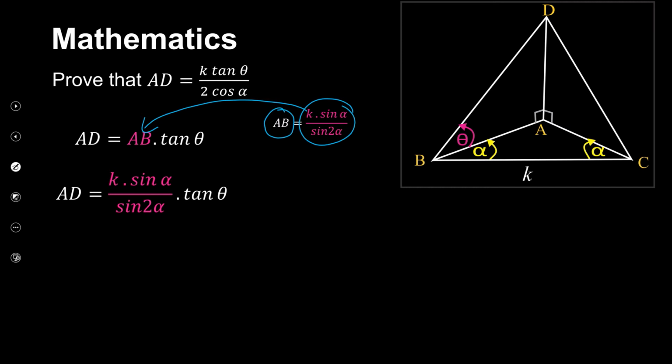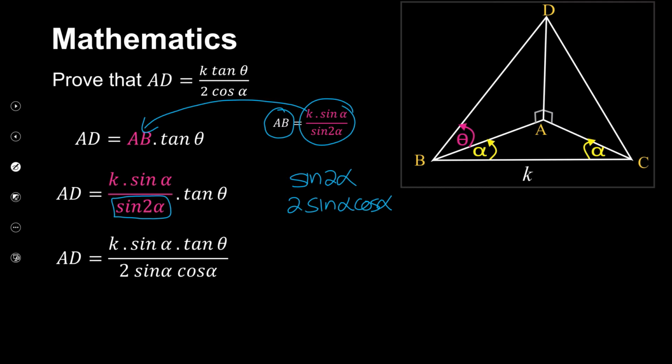There's one more thing you'll notice here, that we've got a sine of 2 alpha. And we know from our double angle formulas that sine of 2 alpha becomes 2 sine alpha cos alpha. So we're going to change that denominator to be 2 sine alpha cos alpha. And the tan theta we've taken to the top to multiply.